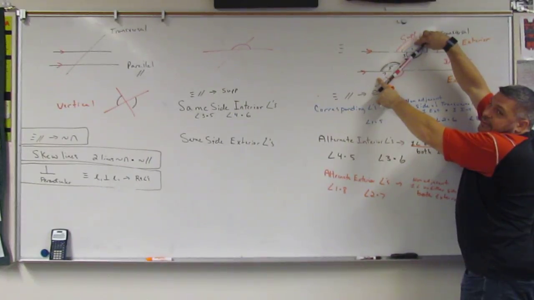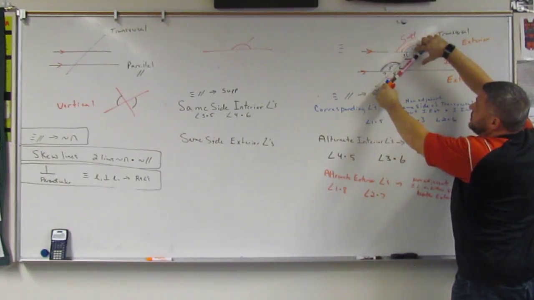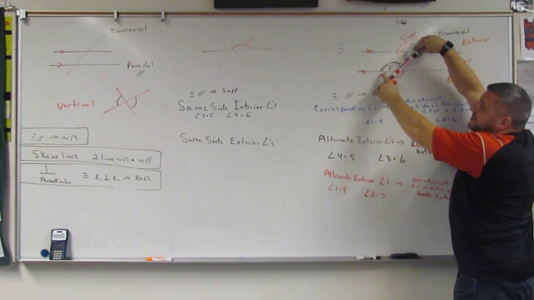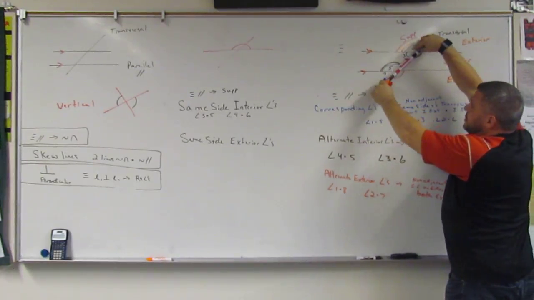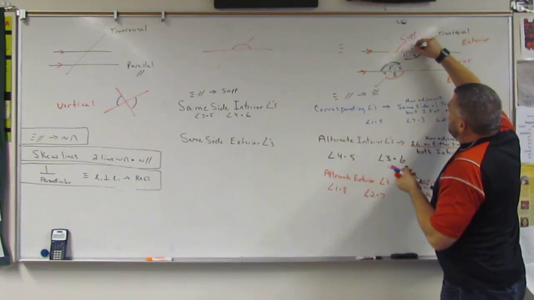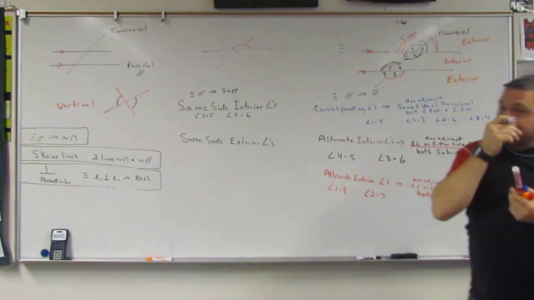What's this angle? Can you see that far? Are you having trouble seeing it? No, I can see. Okay. What's this angle? What's this angle? So this one's number 1 and 7, because you came in after I put this up, right?